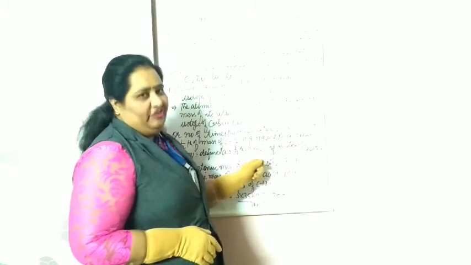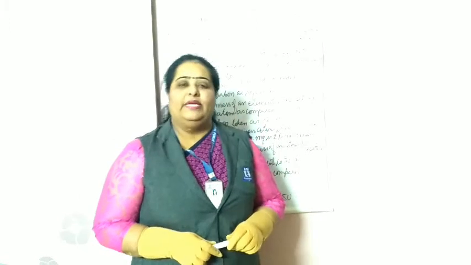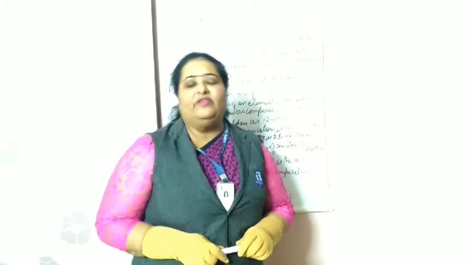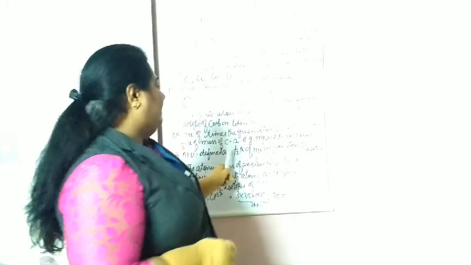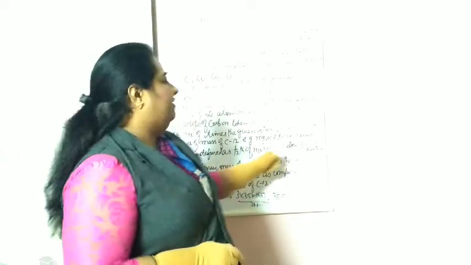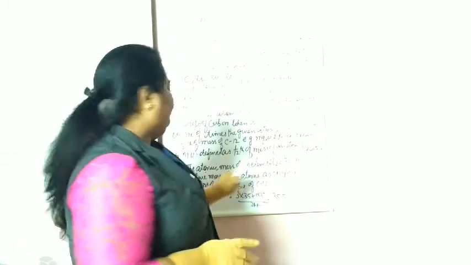Example, magnesium, the mass number is 24, right? 24 into 1/12 comes to 2, right? So magnesium is 2 times heavier than 1/12 of the mass of carbon 12.